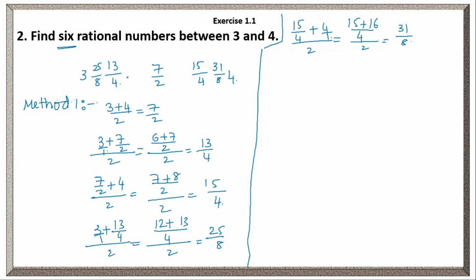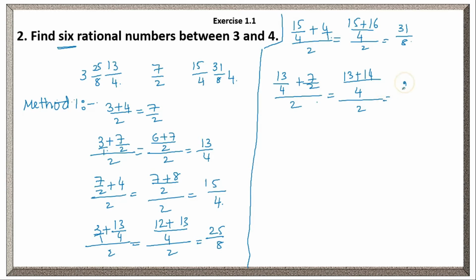One more we want. So let us find the rational number between 13 by 4 and 7 by 2. Clear? So average we have to take. Here what is the LCM? 4. How many times will 4 go in 4? One time. 1 into 13, 13, plus 2 will go in 4 two times, 2 into 7, 14 by 2.